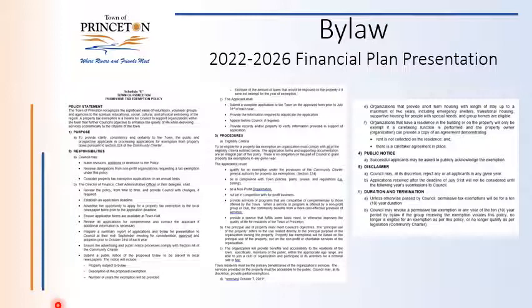A permissive tax exemption is granted to an organization, mostly nonprofit organizations, actually all nonprofit organizations that own property within the municipality can apply to have their properties exempt from property taxation. It's mostly nonprofit businesses. There's also churches, places of worship can apply for this as well.